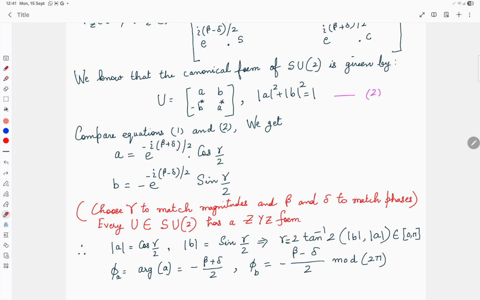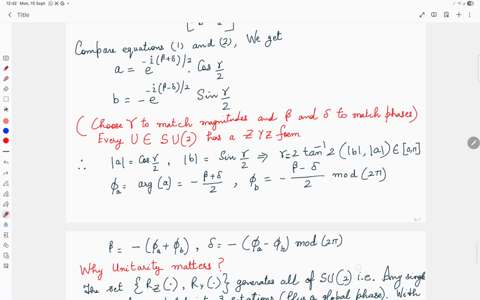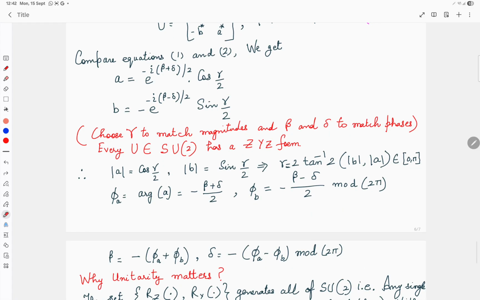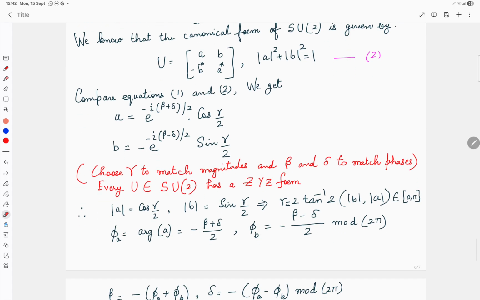Argument of B is minus beta minus delta by 2, and of course this will be modulo 2 pi. So from here you can find out beta and delta, and from this point you can find out gamma also.